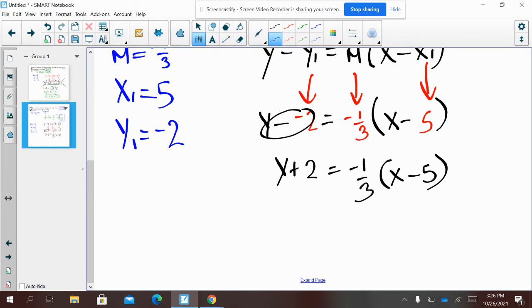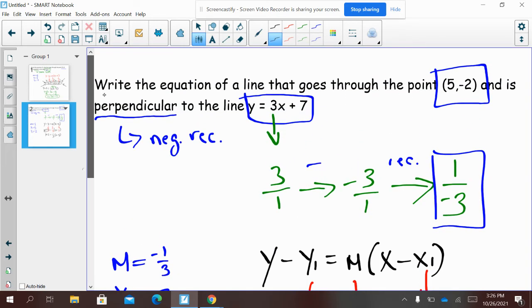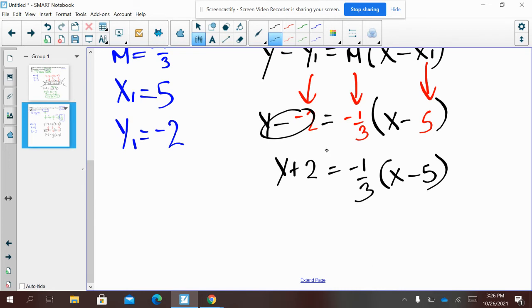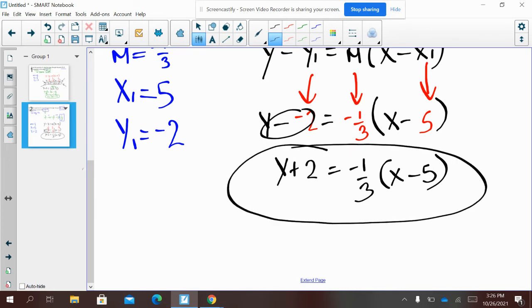So the equation of a line that goes through the point 5 comma negative 2 and is perpendicular to y equals 3x plus 7 is y plus 2 is equal to negative 1/3 parentheses x minus 5.